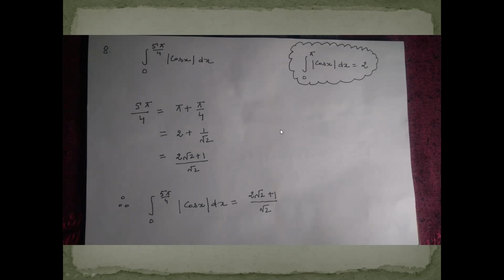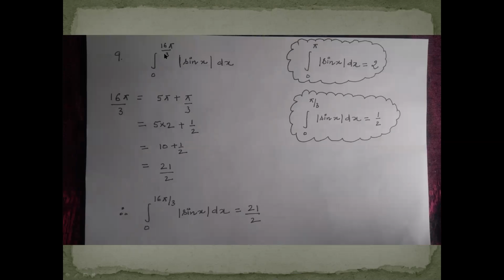Question number 9 is here. 0 to 16 pi upon 3. Again, this is an example where the upper limit is not in integral form. So what we do here, 16 pi upon 3, by dividing this we have 5 pi plus pi upon 3.